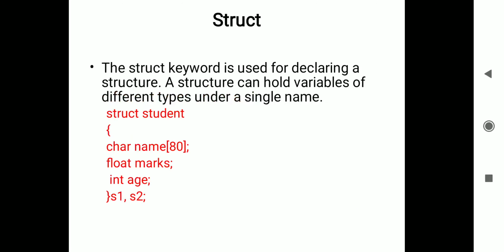Next is the struct keyword. It is used for declaring a structure. For example, if you have to write a program to store data for 10 students, you can use a structure. A structure can hold variables of different types under a single name.